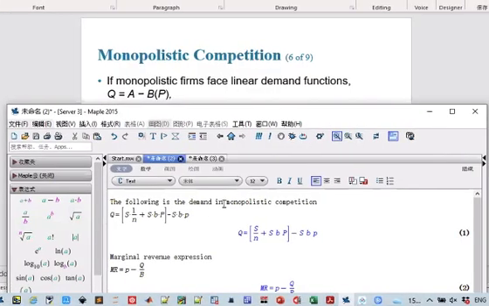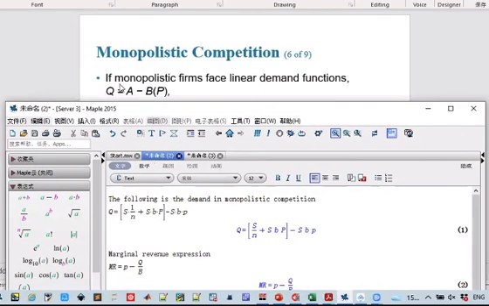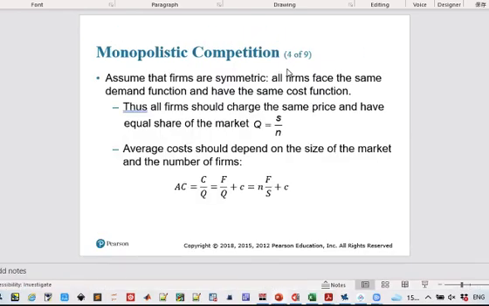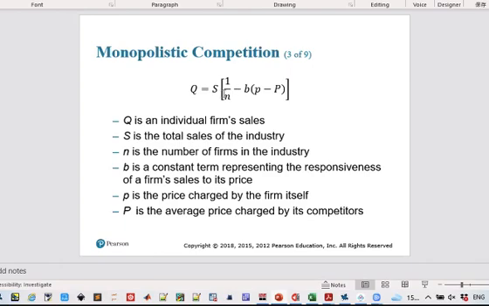Yeah, here. So you see, you have Q equal to A minus BP, right? So you can look at this as this is the A. Well, how do we get this equation, by the way? So this equation is coming from here. All right. So you just factor out the P there.